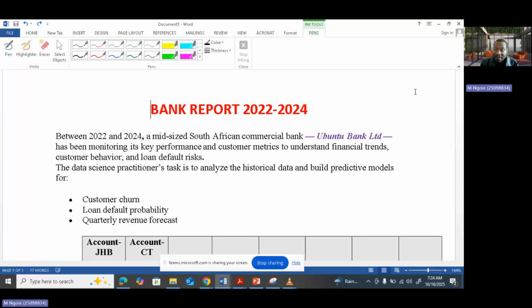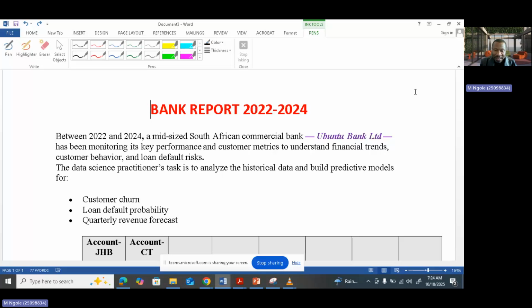Building predictive models means you are going to build a model for predicting the future, for predicting what is going to happen based on what has happened, based on the current data, right? Looking at the data that we have, what can happen in the future? Are customers going to pay their loans, yes or no?